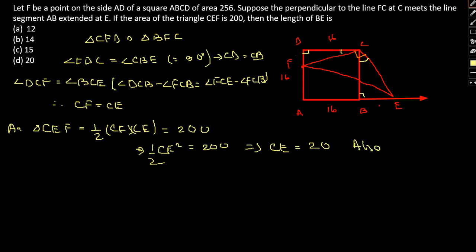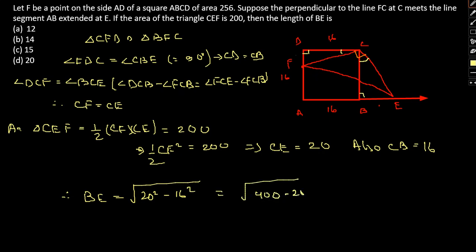Also CB is 16, because the area of the square is 256 and the square root of that is 16. So therefore BE is the root of 20 square minus 16 square, that is root of 400 minus 256, that is root of 144, which is 12. So option A is the correct answer.